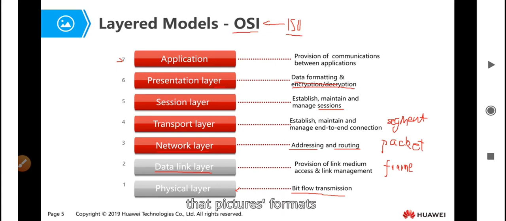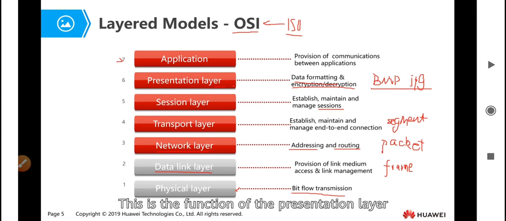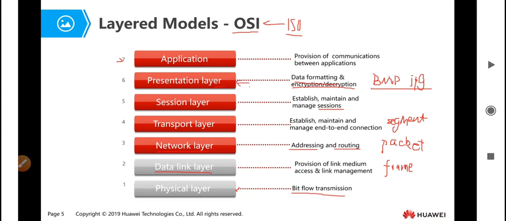Usually we know picture formats such as JPG and BMP. Okay, that's the format of the data. This is the function of the presentation layer. What we see is the picture, and in the computer it's data.